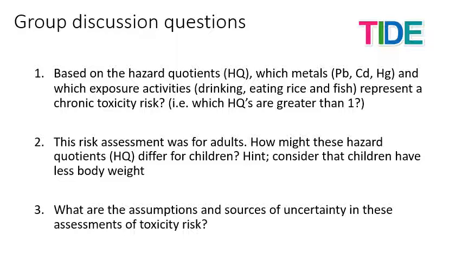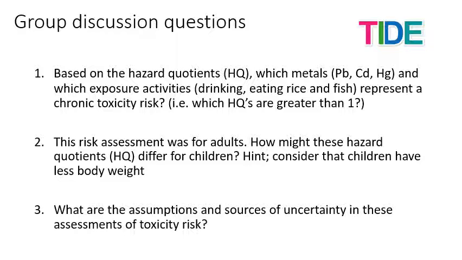This should be pretty straightforward to answer. Hopefully you recognize that lead in drinking water has the highest hazard quotient of 3.1. This is followed by cadmium in the rice that people eat of 1.4. And finally, mercury in fish has a hazard quotient slightly higher than 1 of 1.3.